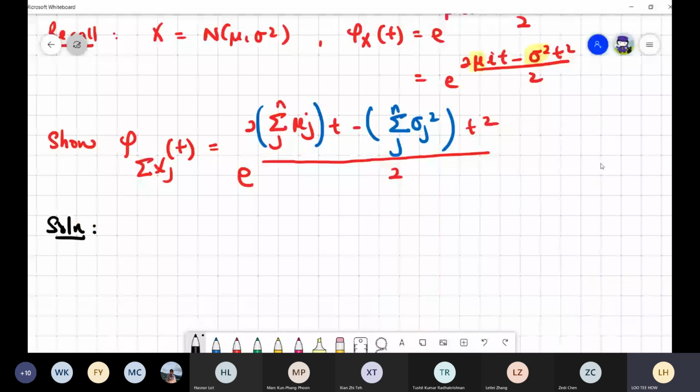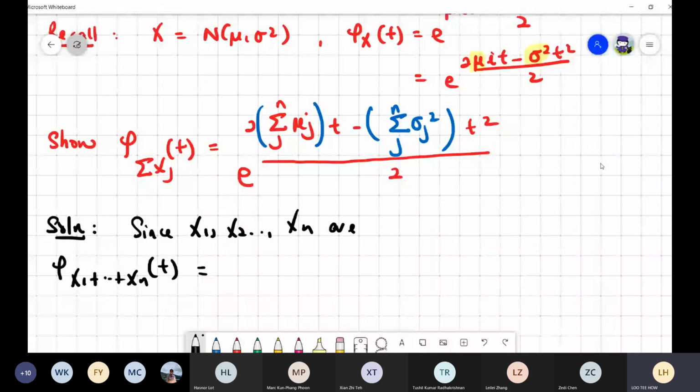Let's do it one by one. First of all, find phi of x1 plus up to xn at t. Because x1, x2 up to xn are independent, we can put it as the product of them.